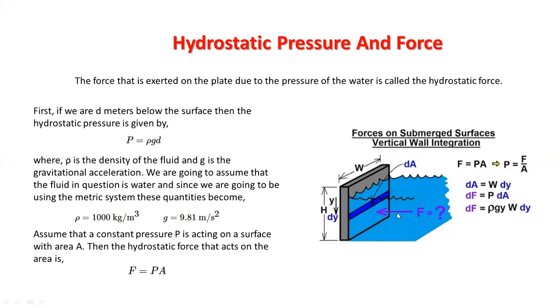So that's the expression for the differential of the hydrostatic force, which will allow us to solve for it when we integrate the left side and the right side of this equation.